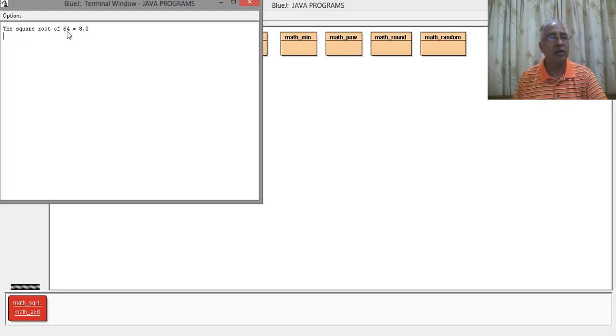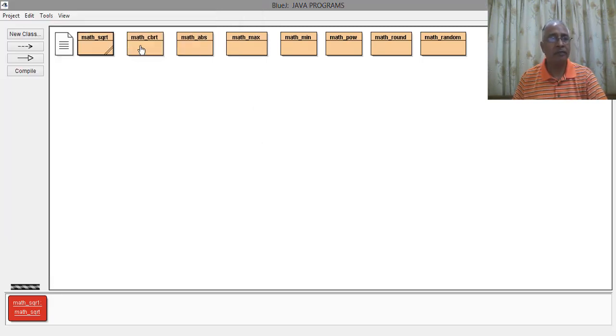Now you see here 64 is an integer type, therefore the integer value is 64. 8.0 is a float type, therefore it is a float value. If it had been an integer value, only 8 would have come. But since it is a float value, it is given as 8.0. So this is the output of the first program.